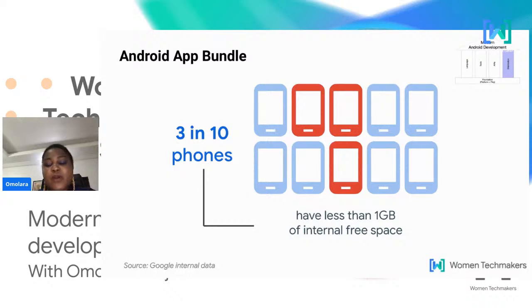I know that at some point you have probably experienced this common error from Play Store that tells you that you don't have enough space on your phone, thereby you can't install an application. So almost everybody at some point has experienced this, and this is just because there's no space.